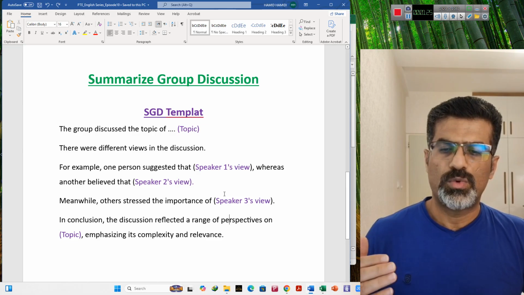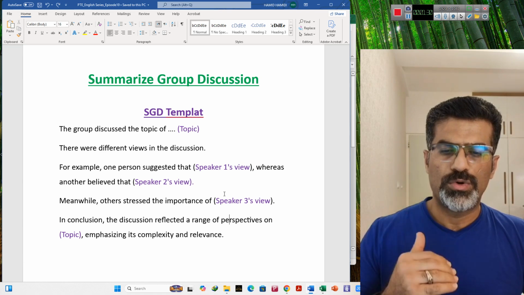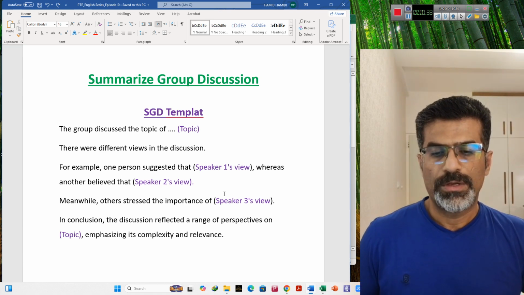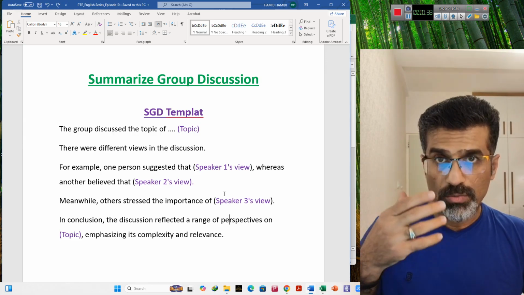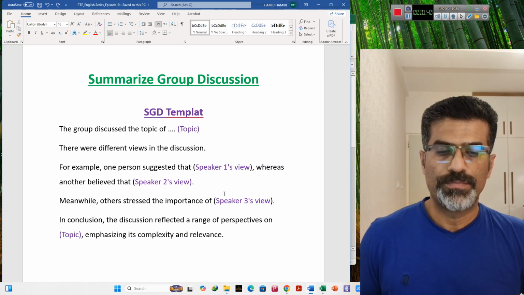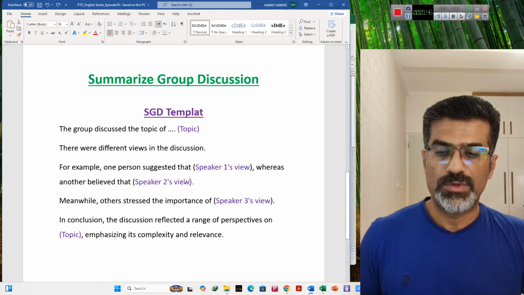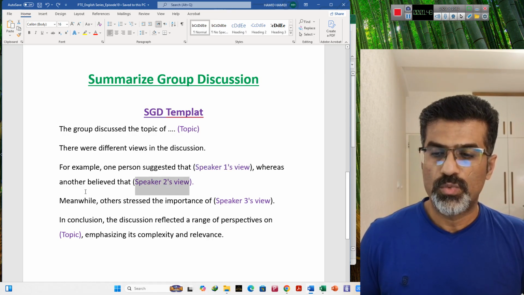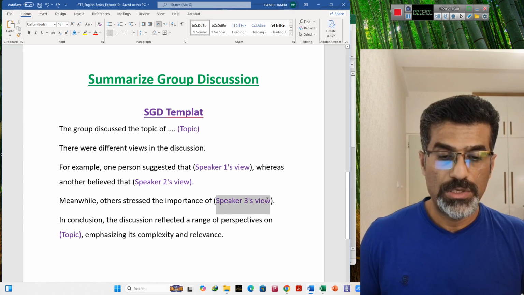For example, one person suggested that, and we need to put all the words that we wrote down and paid attention to while we were listening to the lecture here for the first speaker, and then all the words that we heard from the second speaker, whereas another believed that speaker two's view, and finally all the words and all the actual opinions that the final speaker talked about, we need to put here.